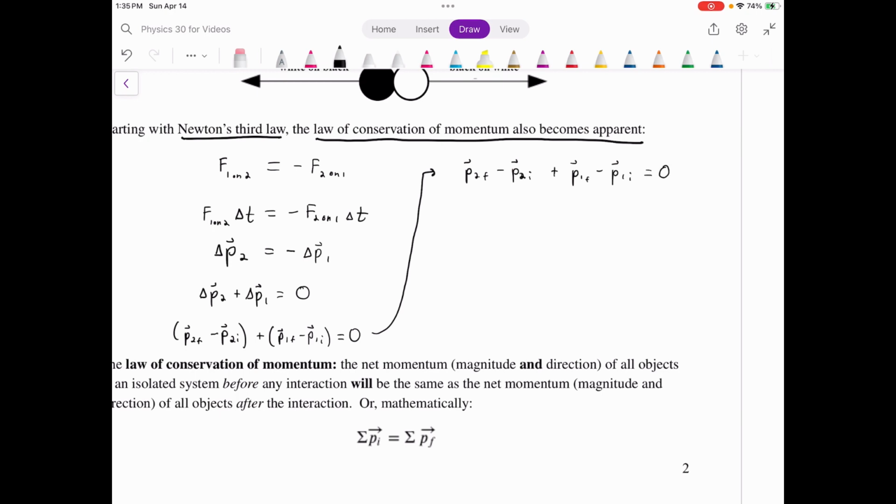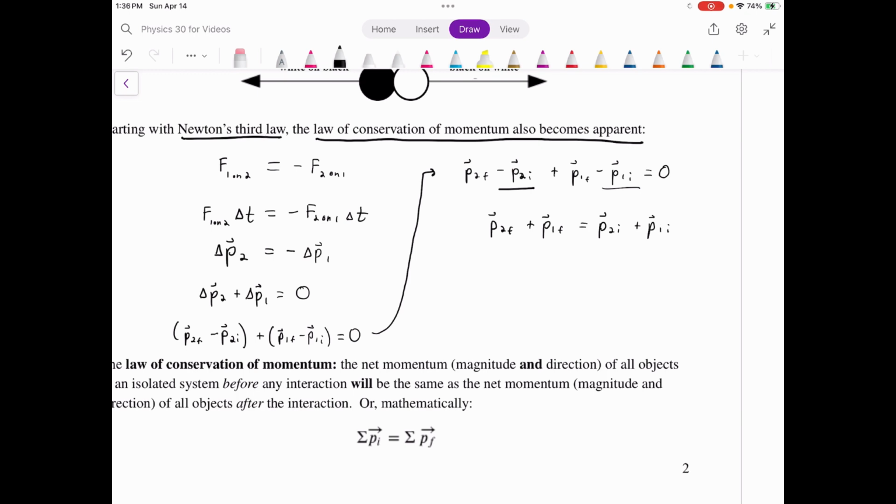And now if we just bring the initials all to one side and the finals all to one side, we'll see this. So I'm going to add momentum 1 initial and momentum 2 initial to both sides. And look what that's going to leave me with. Momentum 2 final plus momentum 1 final equals momentum 2 initial plus momentum 1 initial.